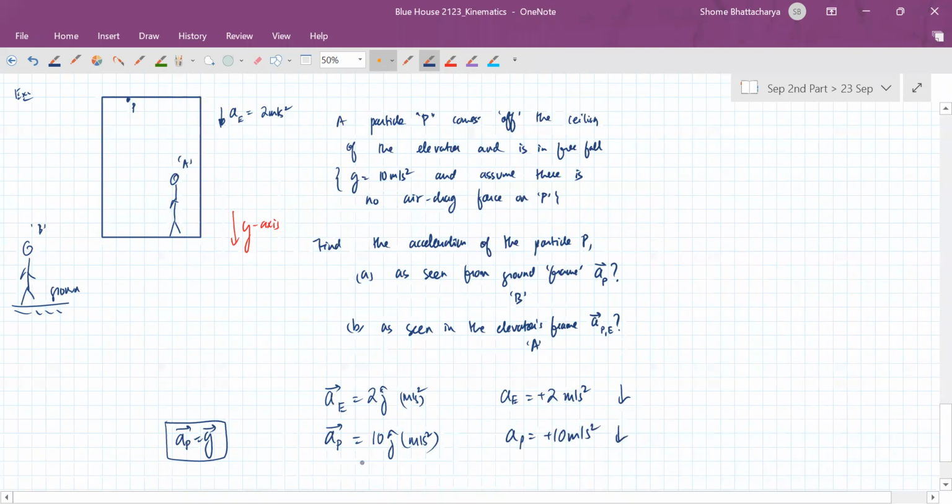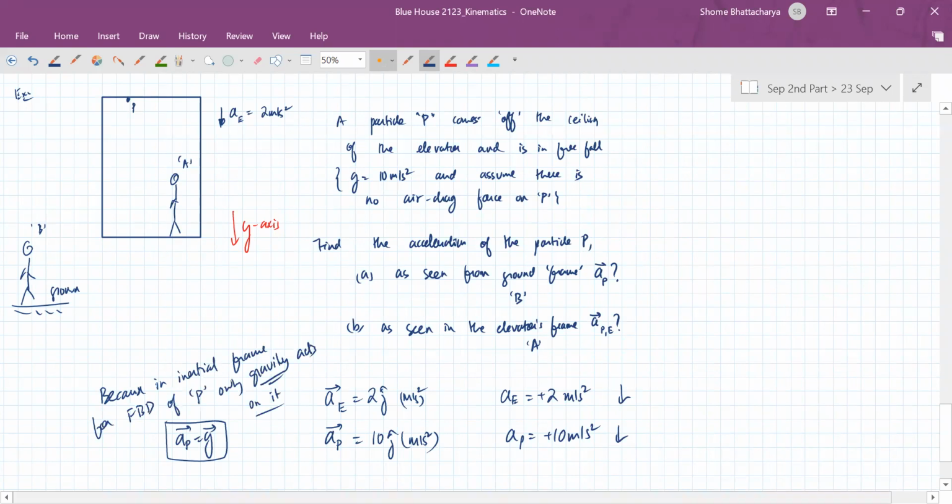Okay. So why does this happen? This is because in the inertial frame, for the FBD, the free body diagram of the particle, only gravitational force acts on it. There's nothing else pulling the particle down.